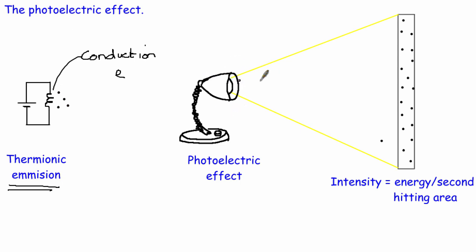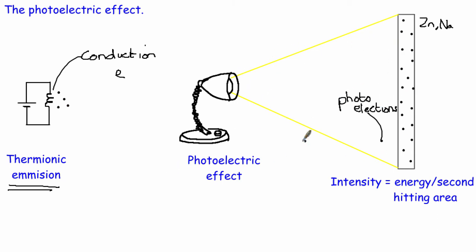You take light, you shine it onto a metal such as zinc or sodium, and you find that, provided the light is of sufficient frequency, electrons are freed. When the electrons are freed, they're given a different name: they're called photoelectrons. The reason they're photoelectrons is because they've been freed by absorbing energy from light.